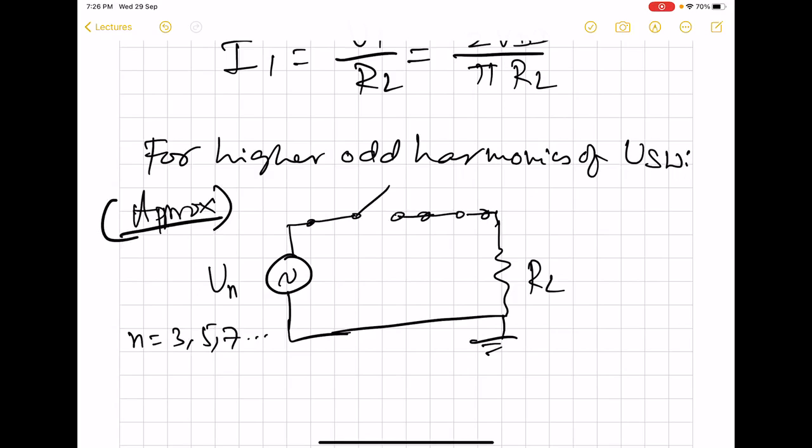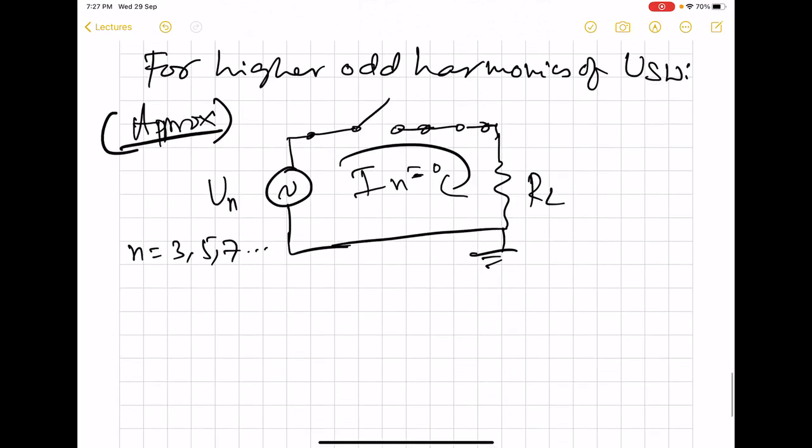So we see that this series LC will imply that higher harmonics currents do not flow through the load, and that is what we want. We want the load to experience a pure sinusoid of frequency omega. So all the higher harmonics component currents are going to be 0. So this is the scenario.